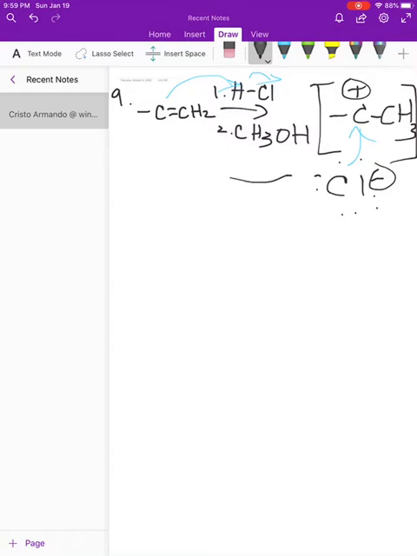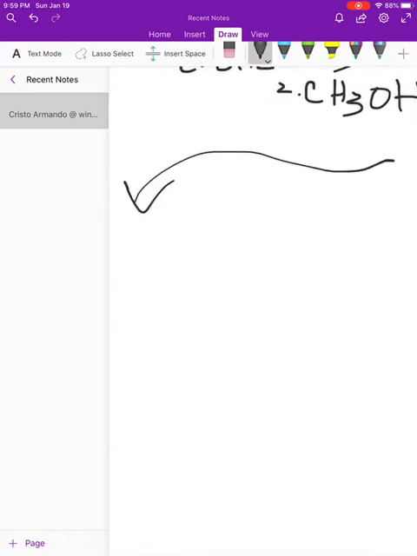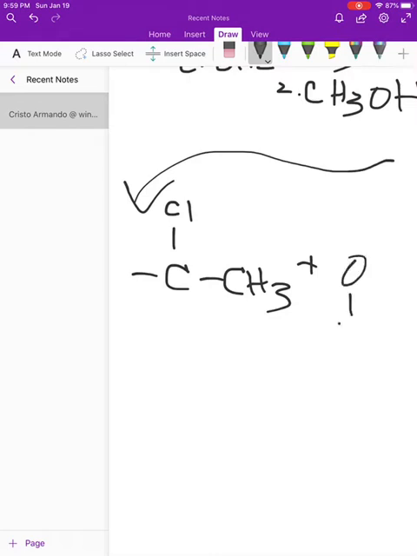We end up with a product that looks something like this. And we have this H3.